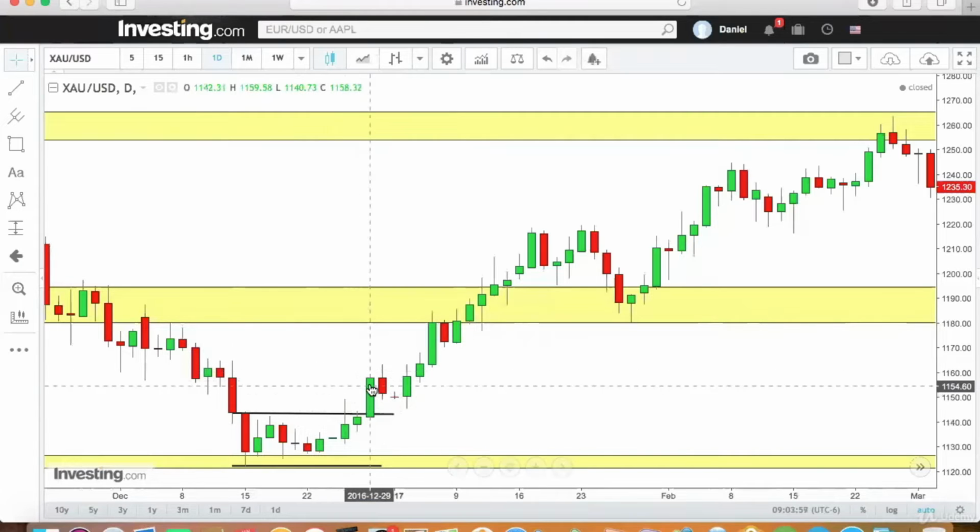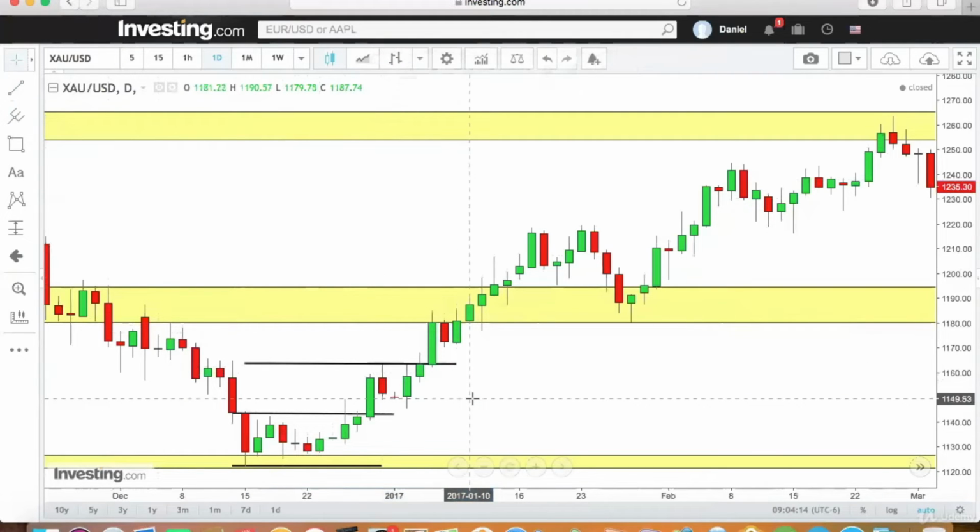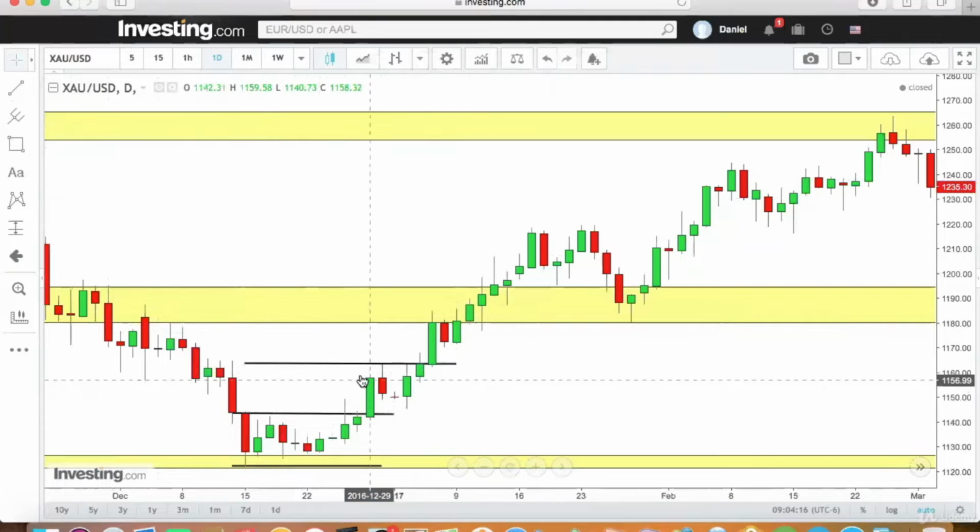Now, once this candle closes outside of the area, you want to map out the high of that area. Now that you've mapped out the high of this area here, you want to see price test this area and then pull back into your previous level.